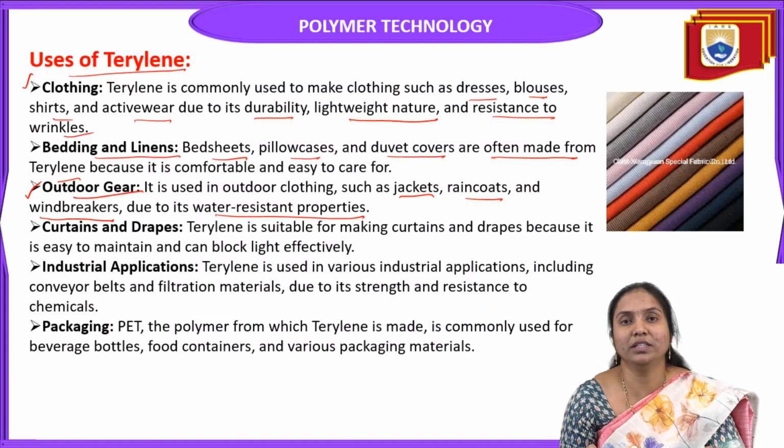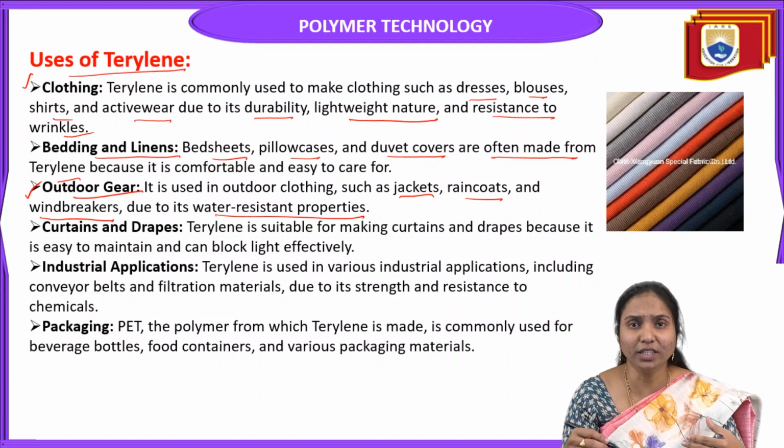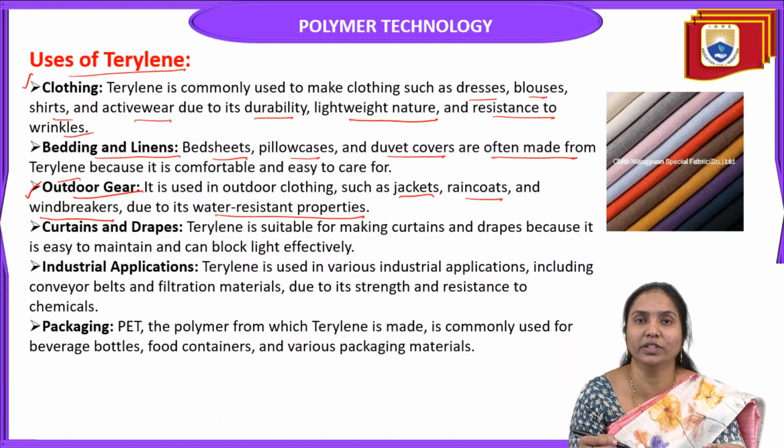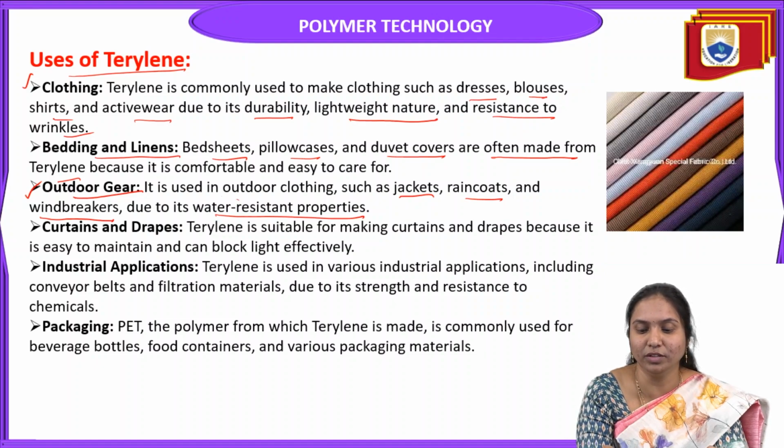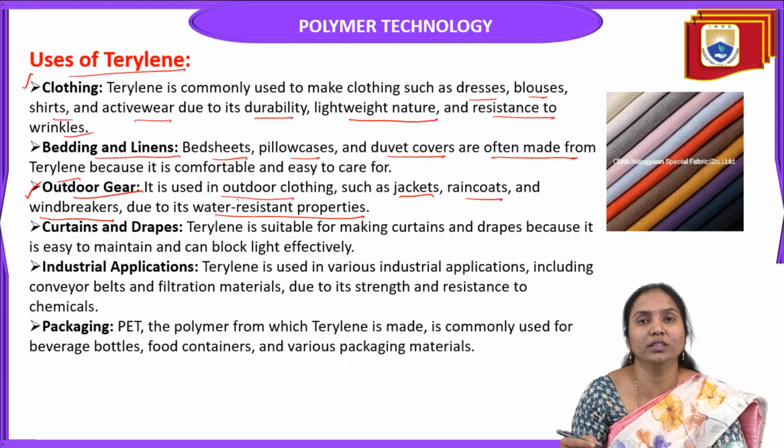That means it does not absorb moisture and requires less time for drying. So that's why this material is most preferable for making outdoor clothing, for example jackets, raincoats and windbreakers.